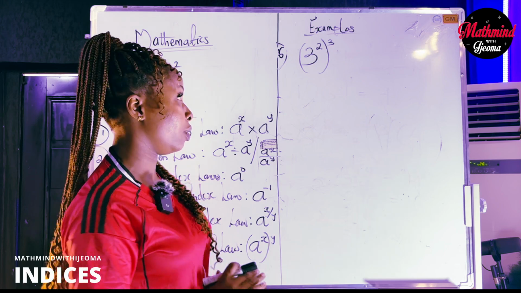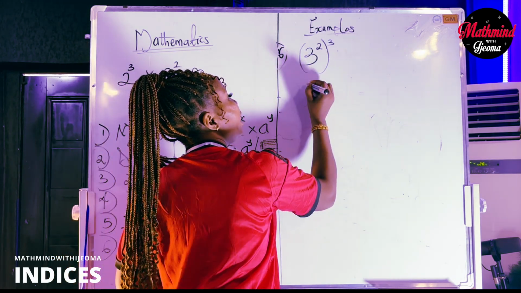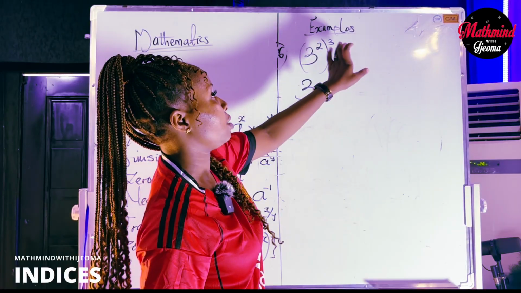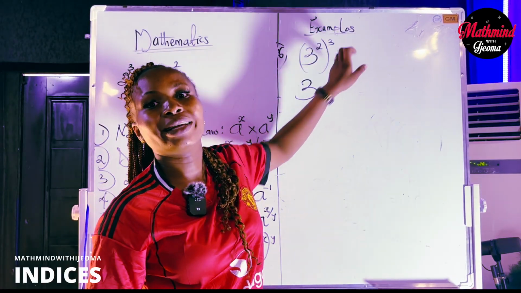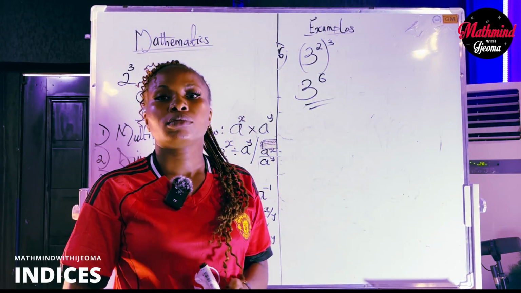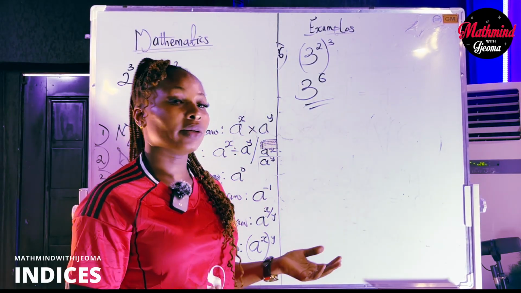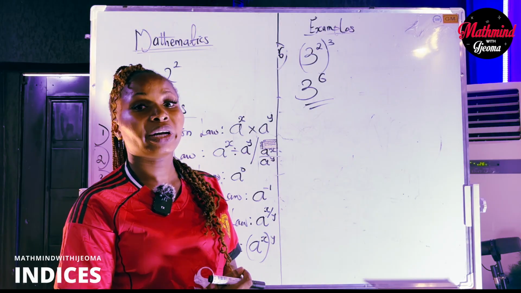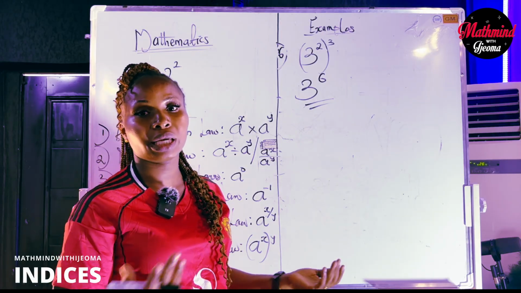You're stressing yourself. Just go straight and say 3 raised to power, multiply the powers. 2 times 3, 6. Instead of going that long way, you just go 3 raised to power 6 and you get your answer.